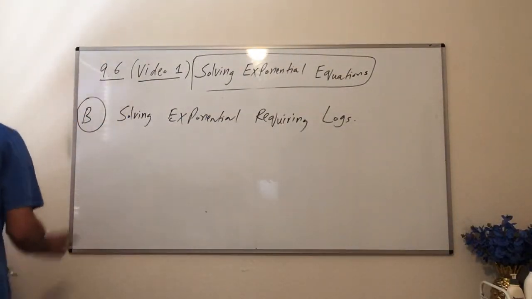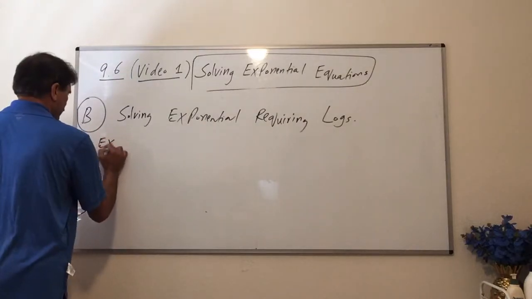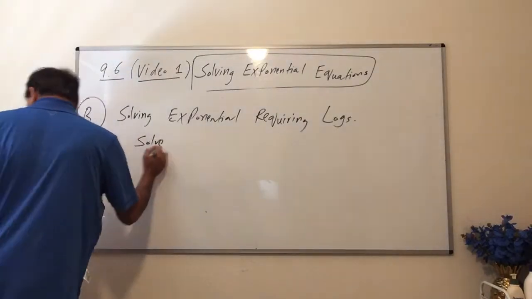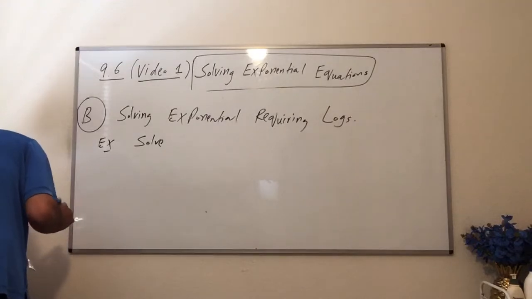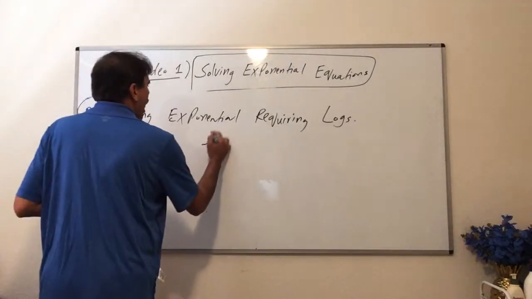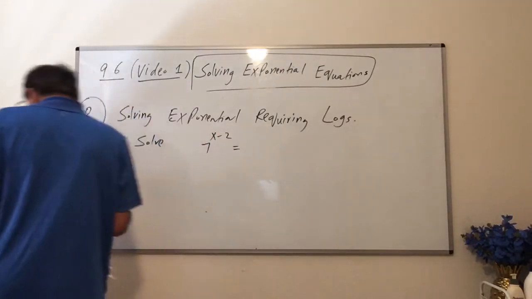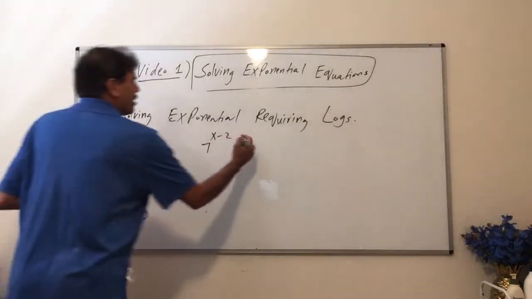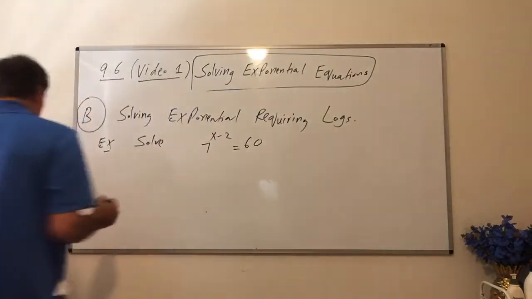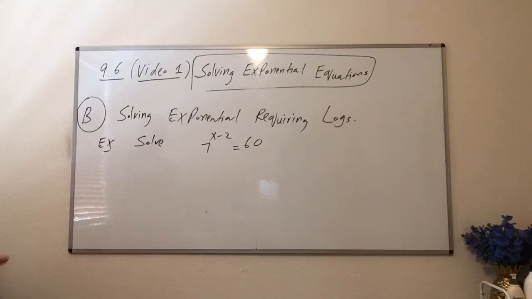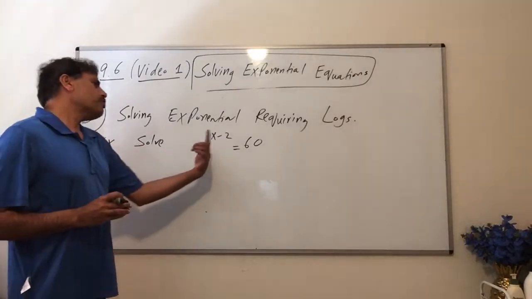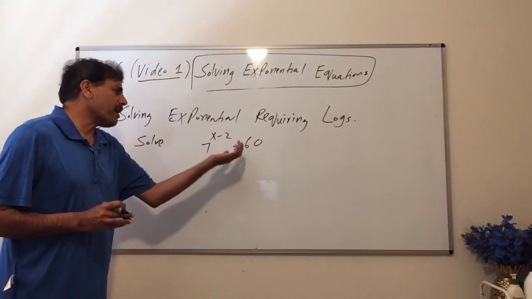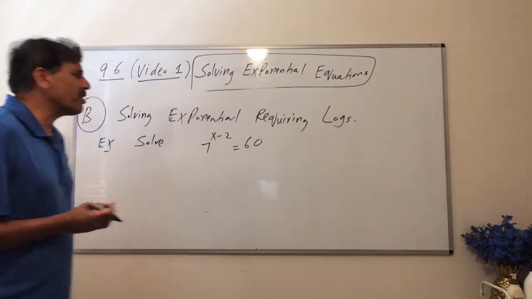Okay, an example from your textbook. Solve 7 to the power x minus 2 equals 60. Let's look: 7 is the base, and there's nothing you can do to make base 7 give a 60.